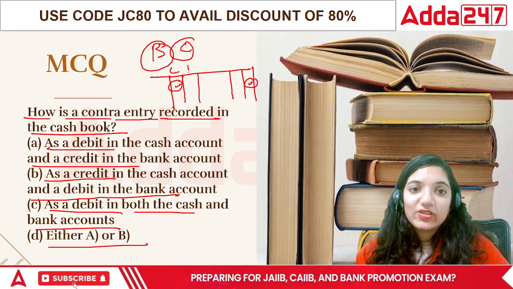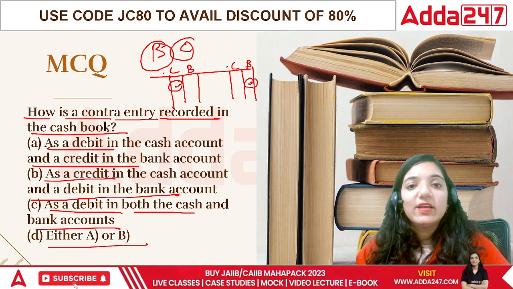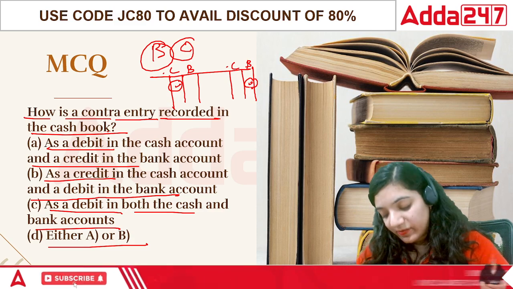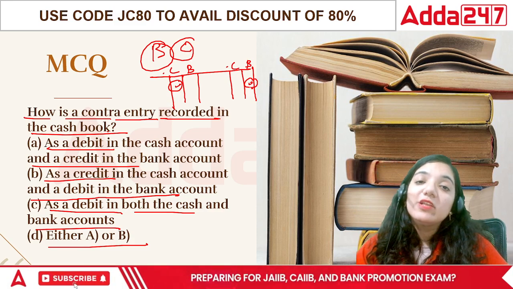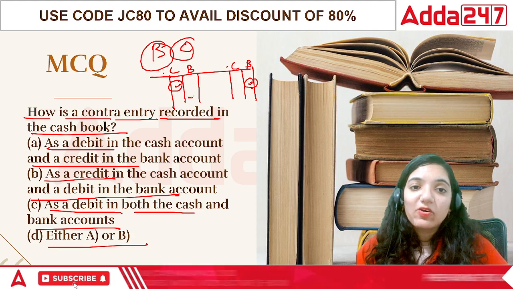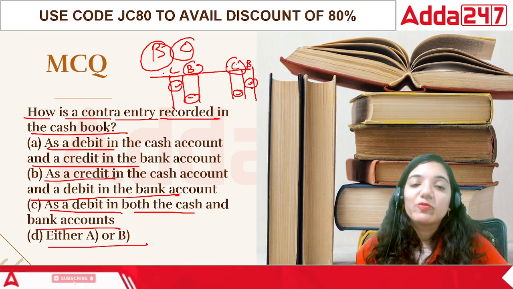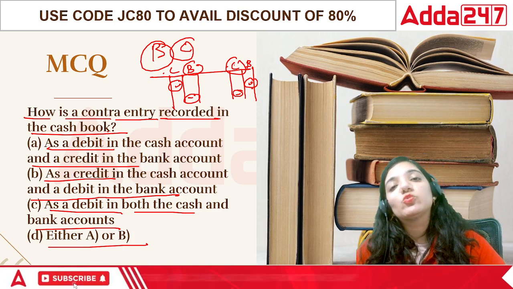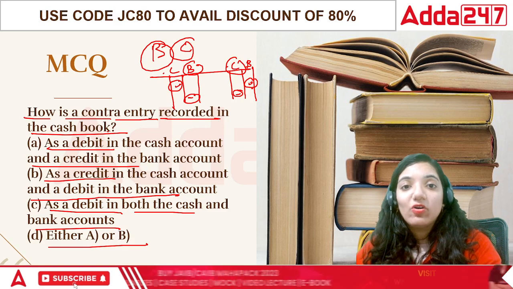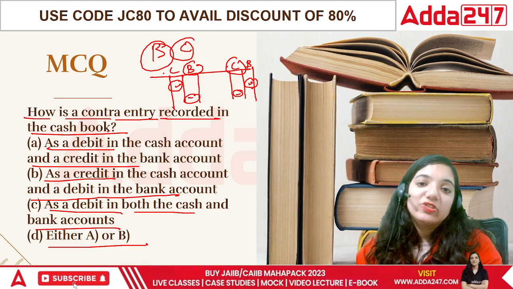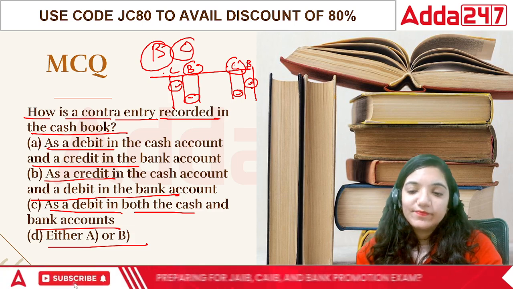If this is cash and this is bank, you are having cash and you are losing bank. Totally opposite, when you are getting bank balance, you are already losing cash, so it would be recorded here and here. So one point would be bank, the other point would be cash. The entries which involve both are called contra entries, which are considered in terms of a double column cash book.